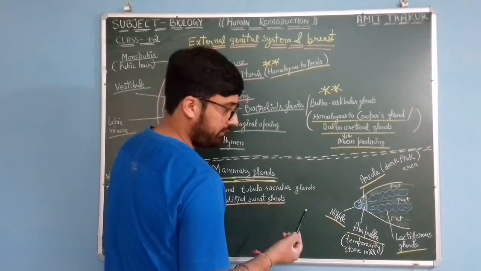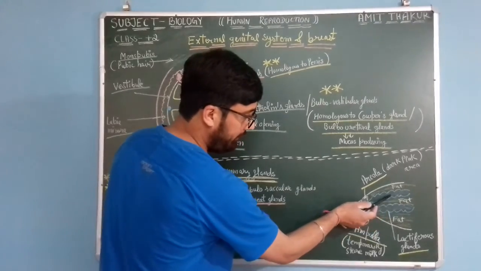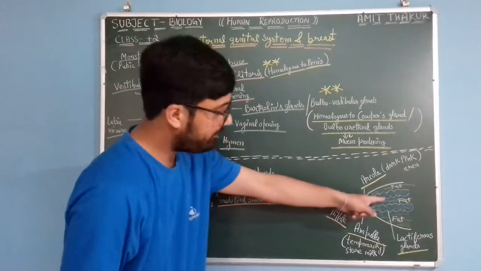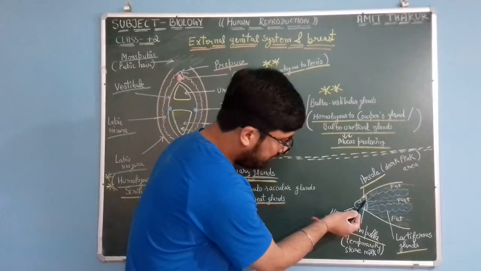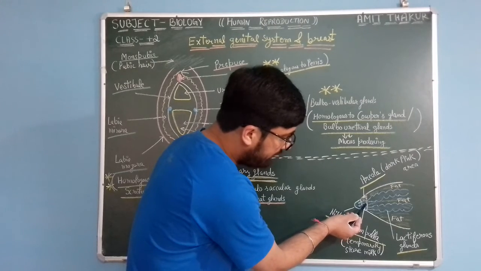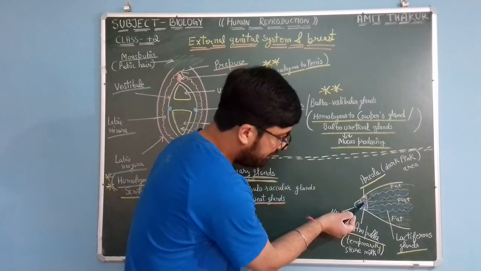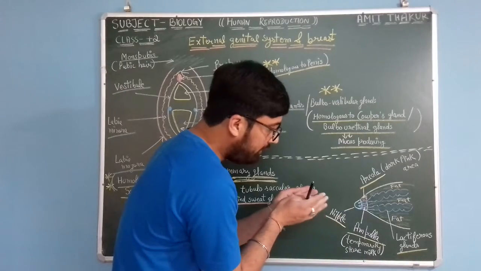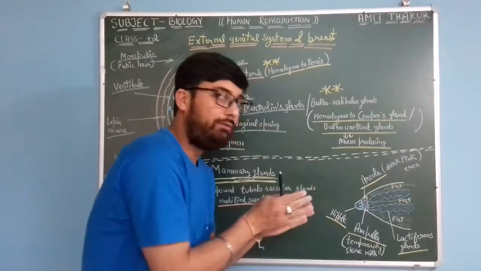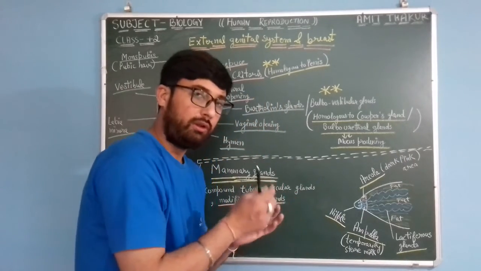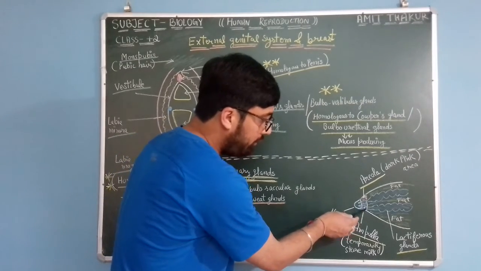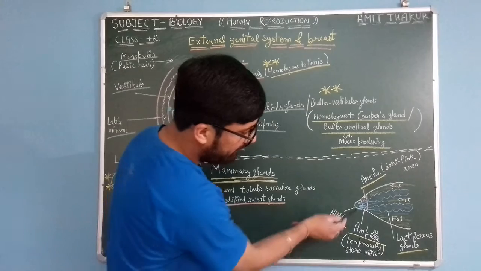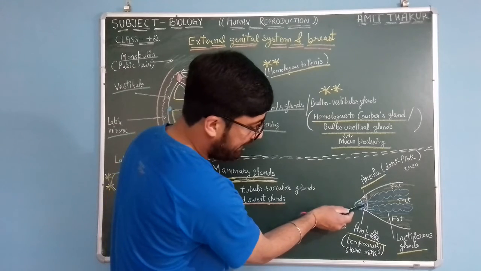After the production of milk, these lactiferous glands transport the milk to this areola, the dark pink area, and here the openings of these glands become swollen. The swollen part of these glands inside the dark pink area, or areola, is known as the ampulla.